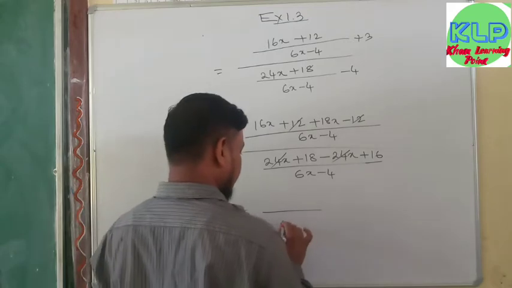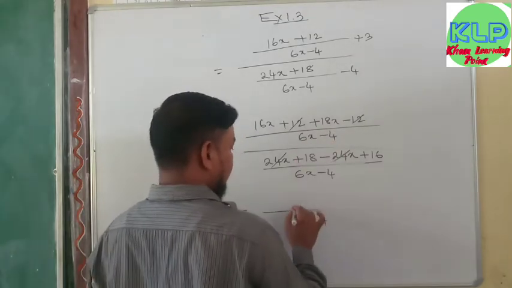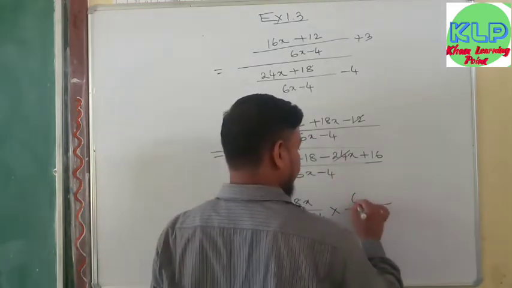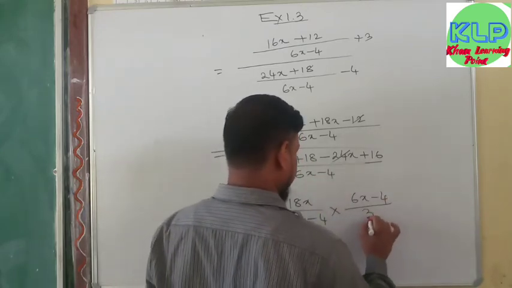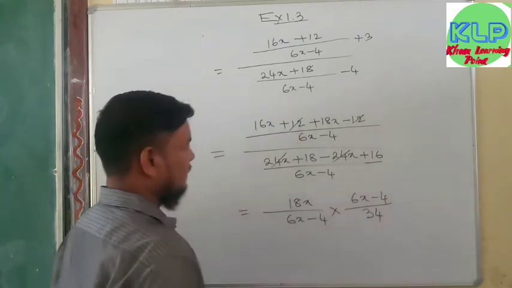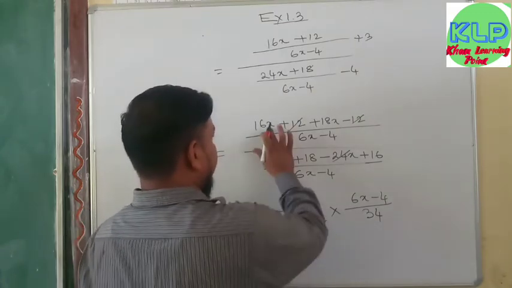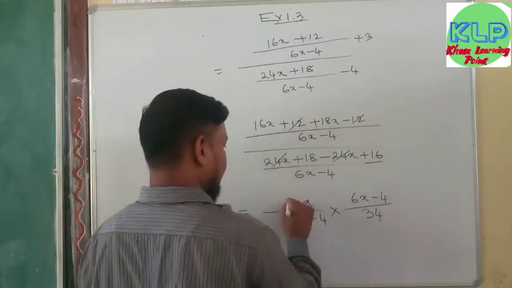So it will be 6x minus 4 here, 18x into, so 6x minus 4 divided by 18 plus 16, that is 34. Oh sorry, here 16 plus 18, 16 plus 18, that is 34x.